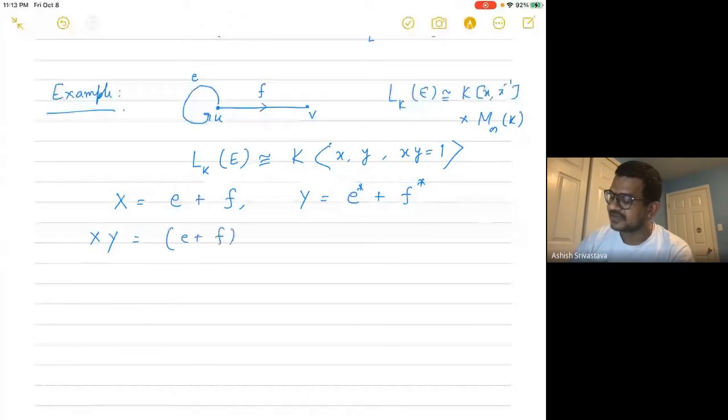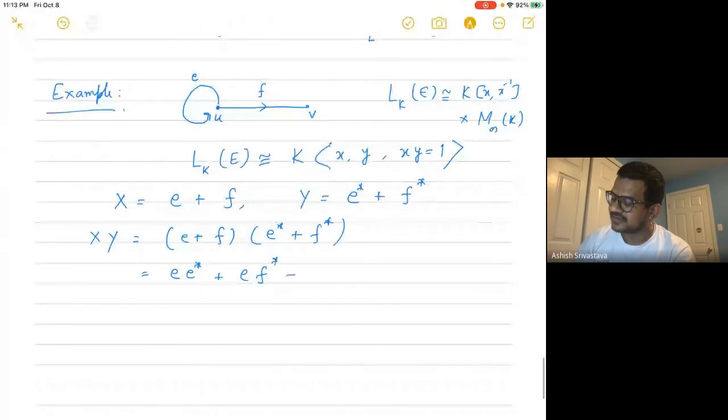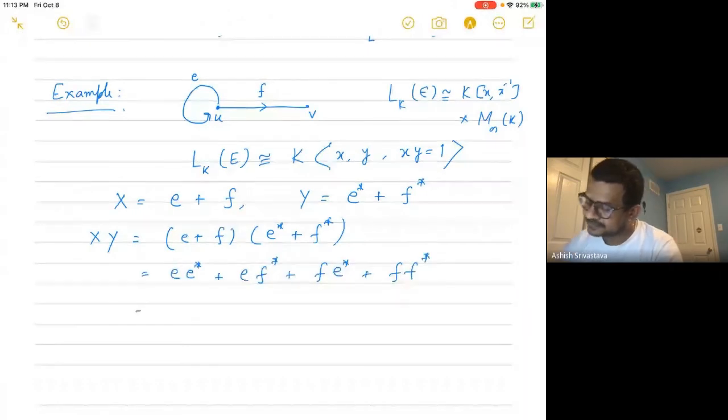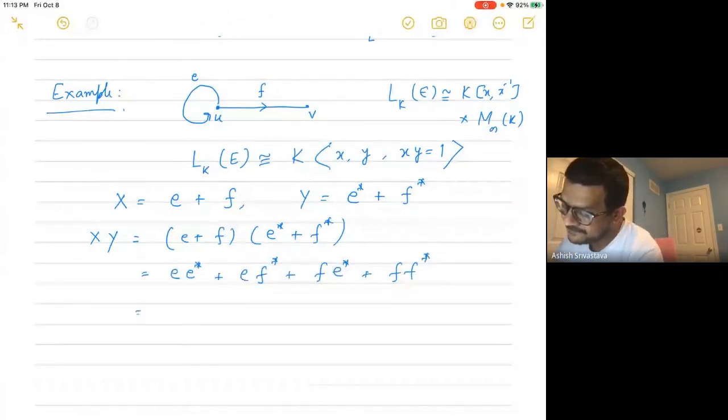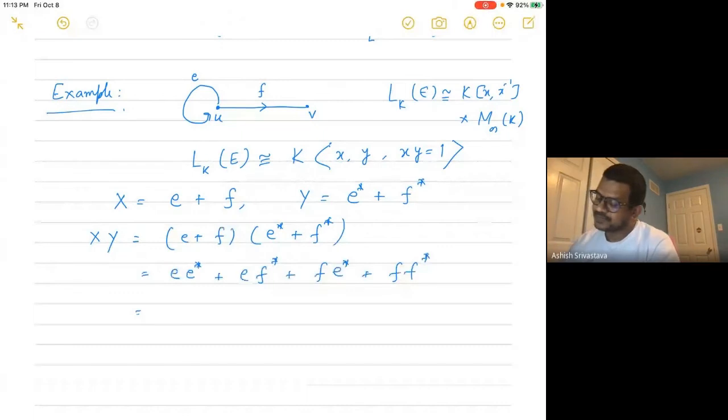We have e plus f, we have e star plus f star. So this is e e star plus e f star plus f e star plus f f star.